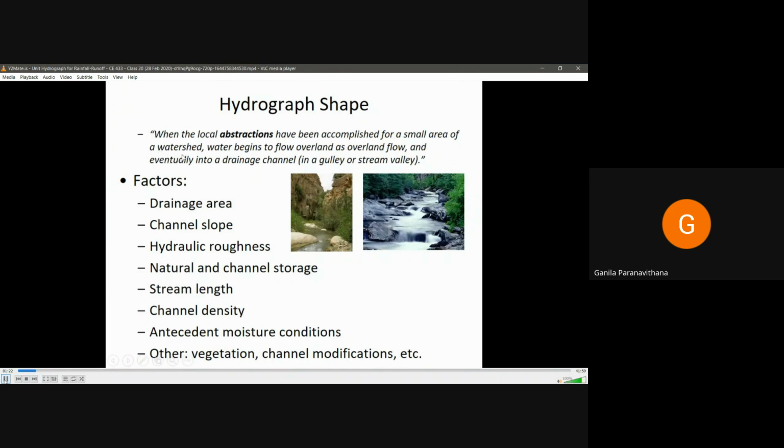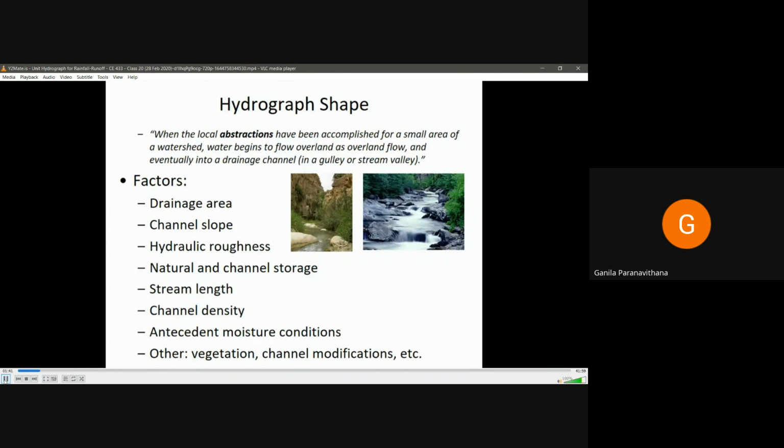And the reason I emphasize it is just to illustrate that the hydrograph begins when the abstractions, as this quote says, have been accomplished. I always thought that's kind of a funny way of putting it, that when the abstractions have been accomplished, then water begins to flow over land.